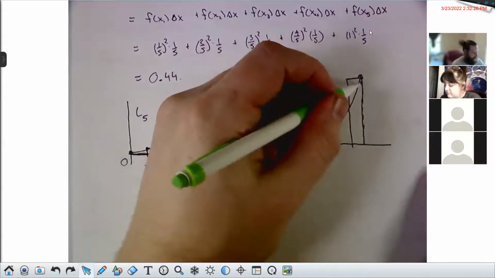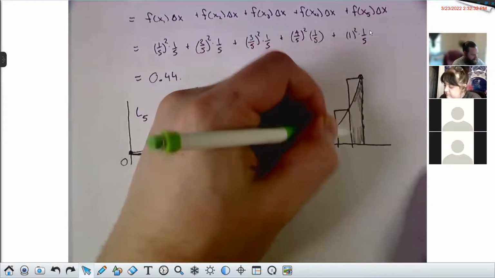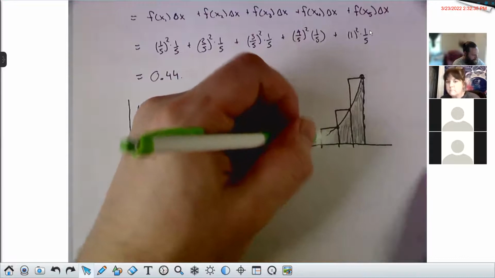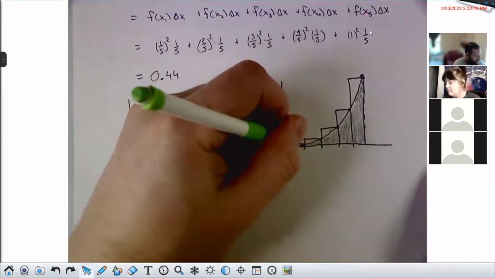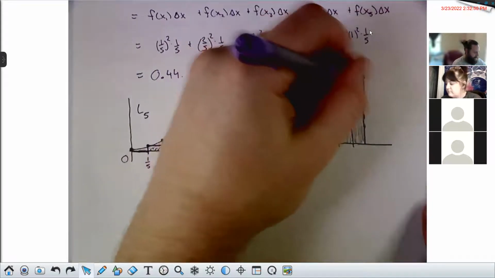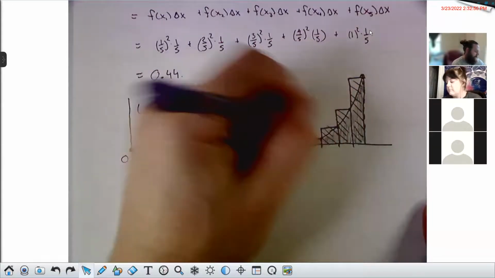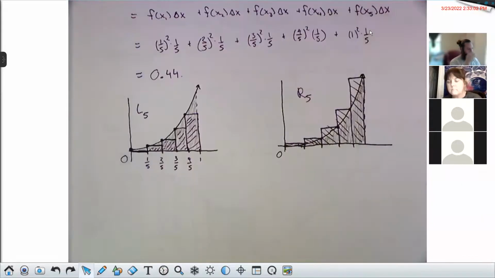So the exact area I'm after is the area bounded by the curve, which is the pencil shaded area here. And definitely these rectangles overestimate, right? Because we've got all sorts of stuff in the rectangles that is outside the pencil shaded area. So L5 underestimates, R5 overestimates.